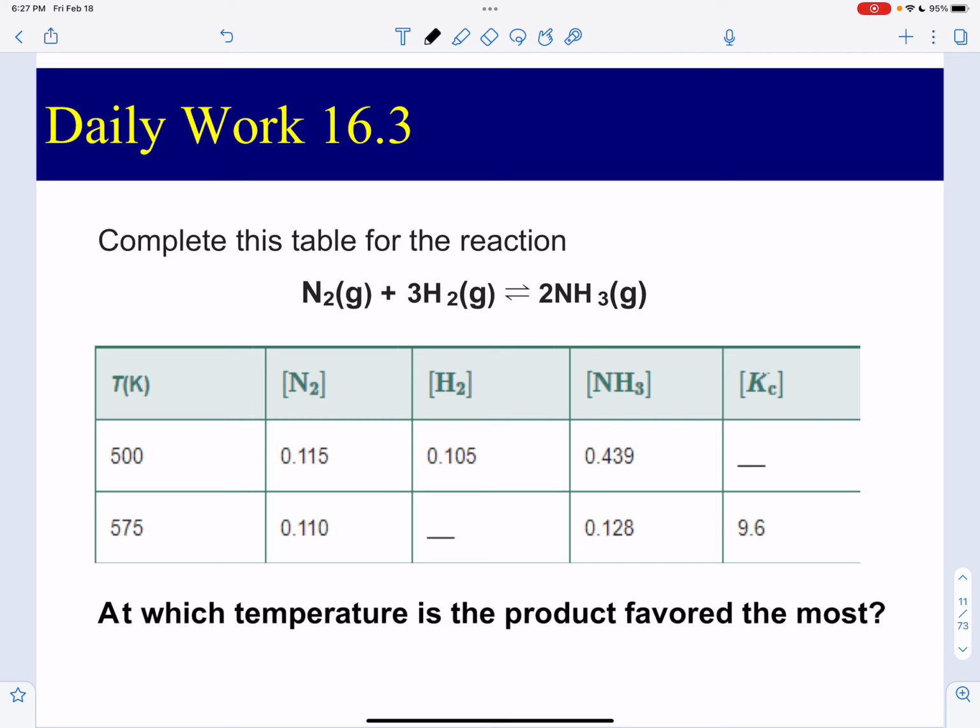So now you have enough information to work on this daily work. A quick overview of this. You have a balanced equation, which is at equilibrium, so you should be able to write a K. Since we have brackets, it's going to be Kc. So you're gonna be able to write it, product over reactant, based on everything I told you.